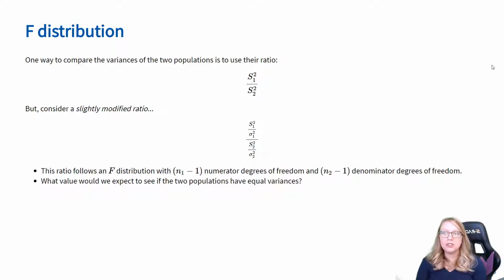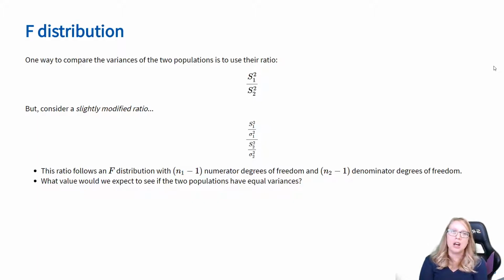Now, it turns out that if the two populations have the same population variance, so if sigma squared 1 and sigma squared 2 are the same, then it doesn't really matter if I add those back in to our slightly modified ratio.